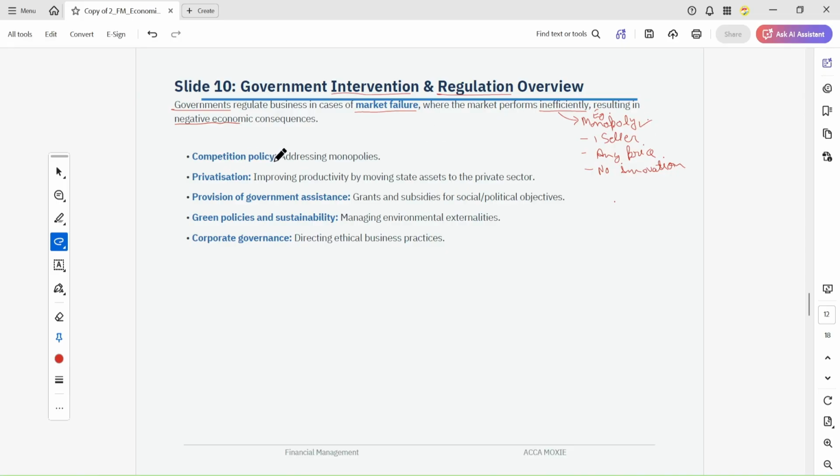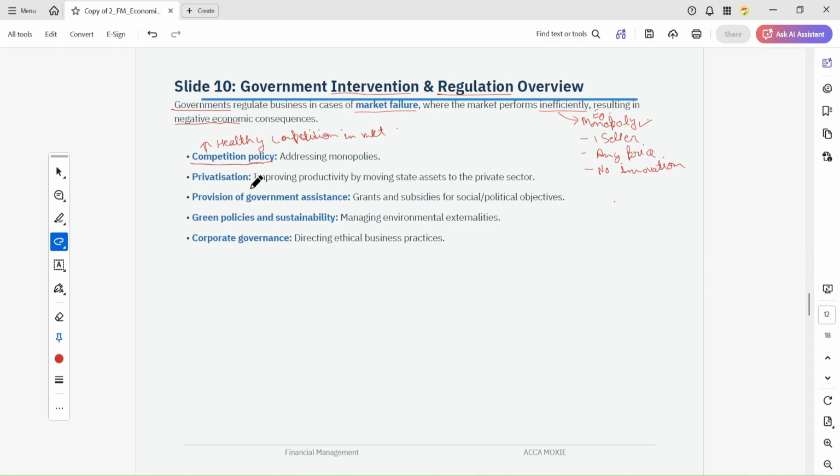So when you have the monopoly, what does the government do? Government makes some policies, like competition policy. Because of the monopoly, there is no competition in the market. So government makes the competition policy to increase healthy competition in the market.